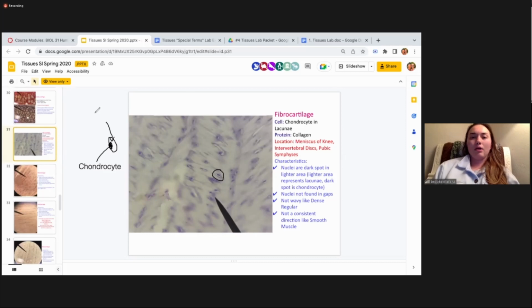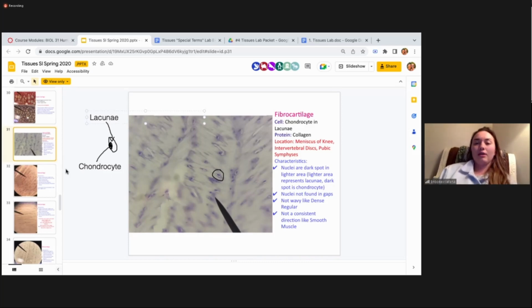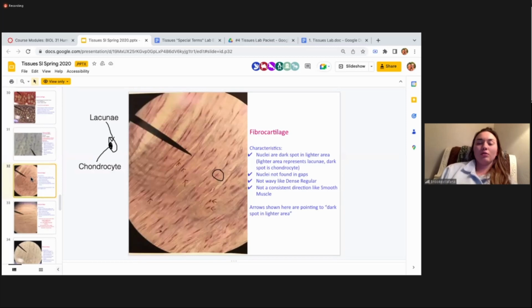So for fibrocartilage, in these other pictures that look a little different, we have this dark spot in a lighter area. The dark spot is our chondrocyte and the lighter area is our lacuna. Okay, so dark spot, chondrocyte; lacuna is the lighter area around it.